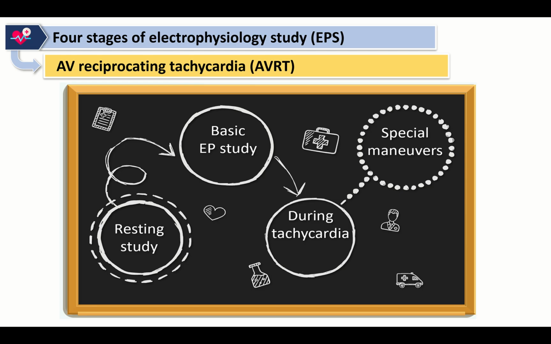Number 3, induce tachycardia, analyze the tachycardia onset, termination, VA relationship. Finally, advanced special maneuvers to assess whether it is a septal accessory pathway and differentiate from AVNRT. These are the 4 steps.